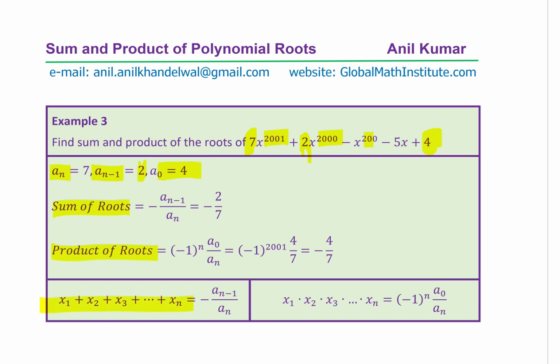The formulas are given here. Perfect. Apply the formula, get the ratio. Well, the negative value of 2 over 7 is the sum. And because the degree is odd, the negative value of the constant over the leading coefficient is the product. Is that clear to you? So I hope that is absolutely simple.